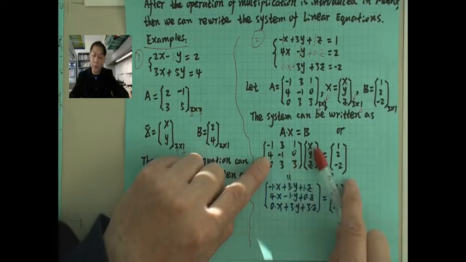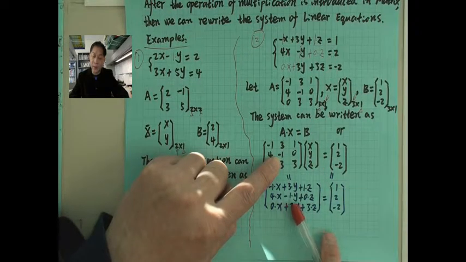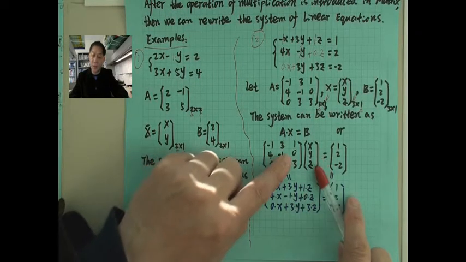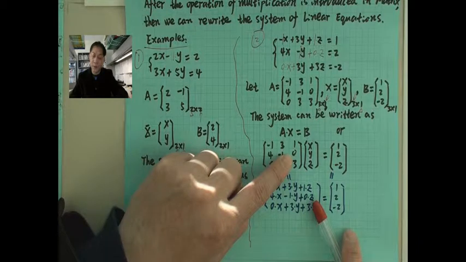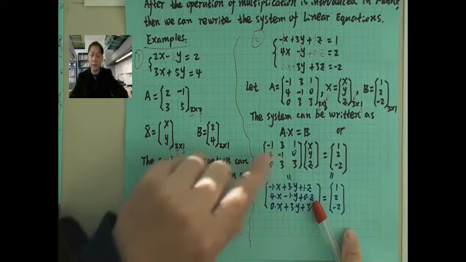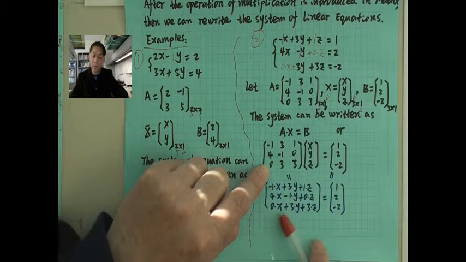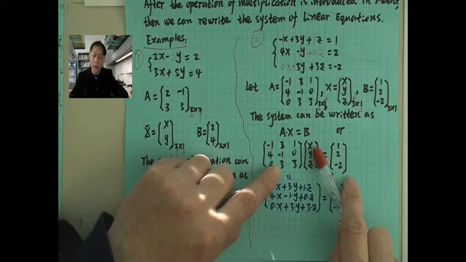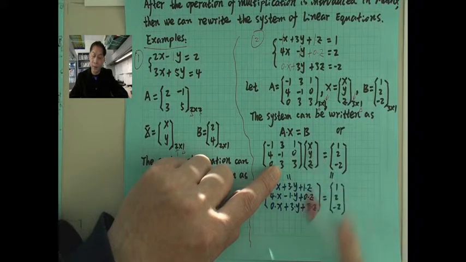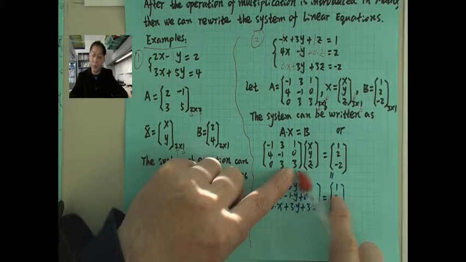And then 4 times x, plus negative 1 times y, plus 0 times z. Okay? And then 0 times x, that's 0, and 3 times y, 3y, plus 3 times z.